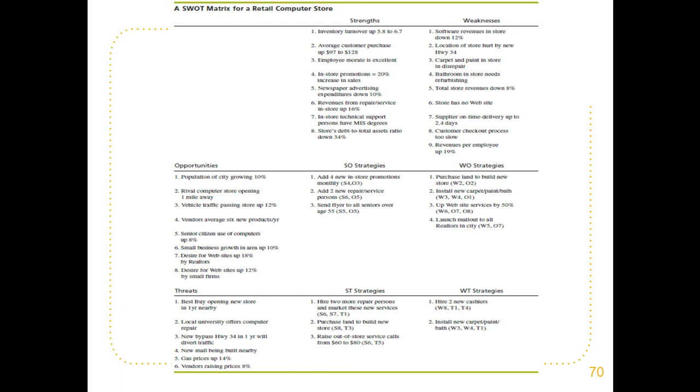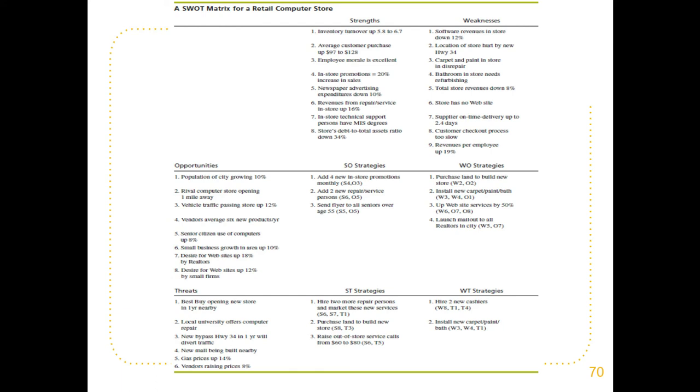It is also important to include the S1 and O2 type notation after each strategy in the SWOT matrix. This notation reveals the rationale for each alternative strategy. Strategies do not rise out of the blue. Note in this figure how this notation reveals the internal or external factors that were matched to formulate desirable strategies.